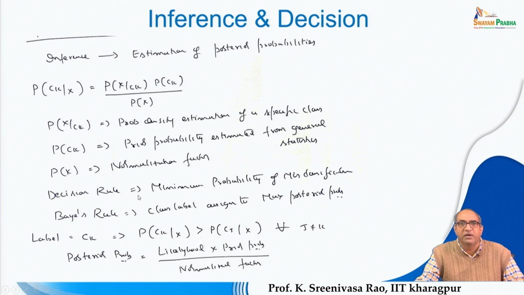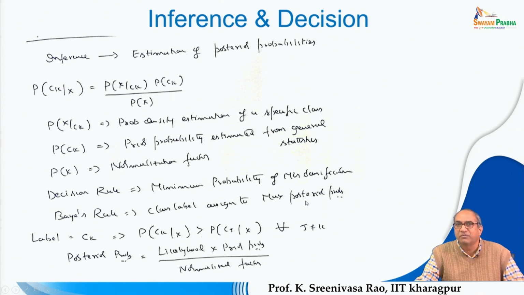The decision rule is such that the probability of error, or probability of misclassification, should be minimum. We can do that by using the Bayes rule, by assigning the class label with maximum posterior probability.